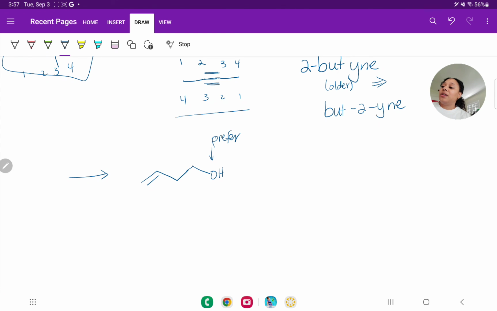So this alcohol could get priority 1 or the double bond, but based on priority the alcohol is 1, so we actually have to start here: 2, 3, 4. So this is butene, and the alcohol gets named at the end.